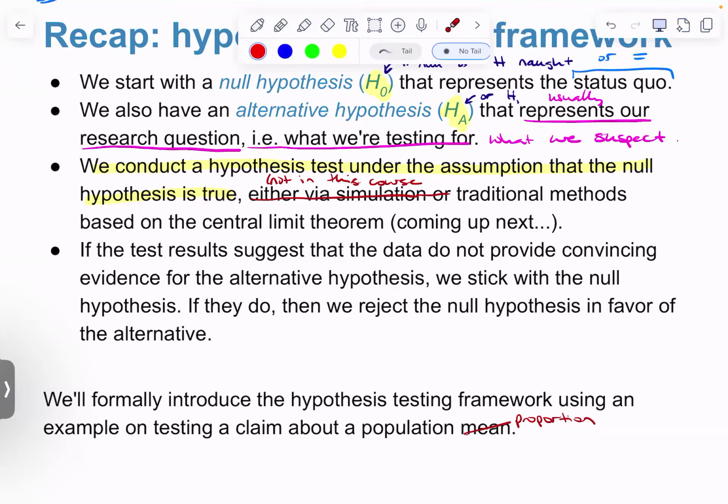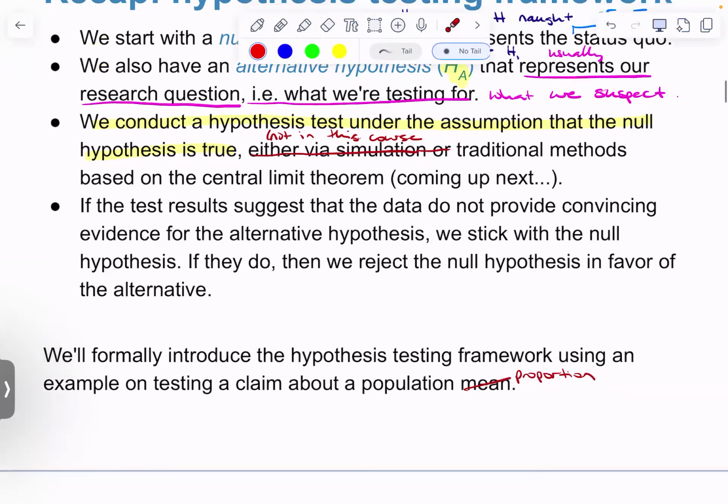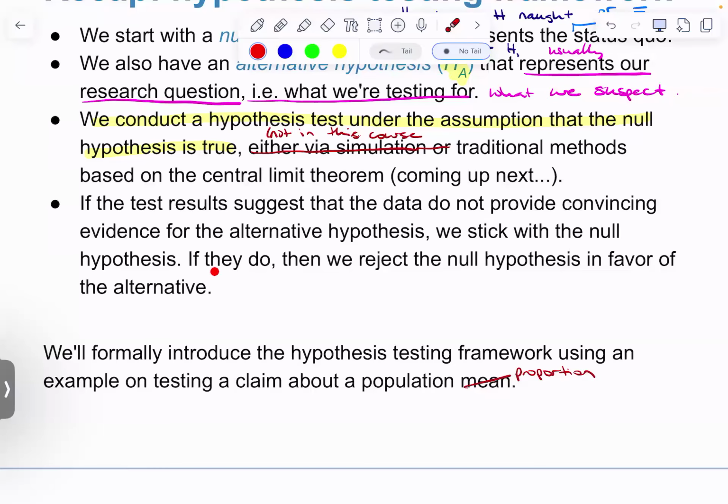We still can't say for certain, but if the data suggests that the null hypothesis is unlikely, then we reject the null hypothesis in favor of the alternative hypothesis.